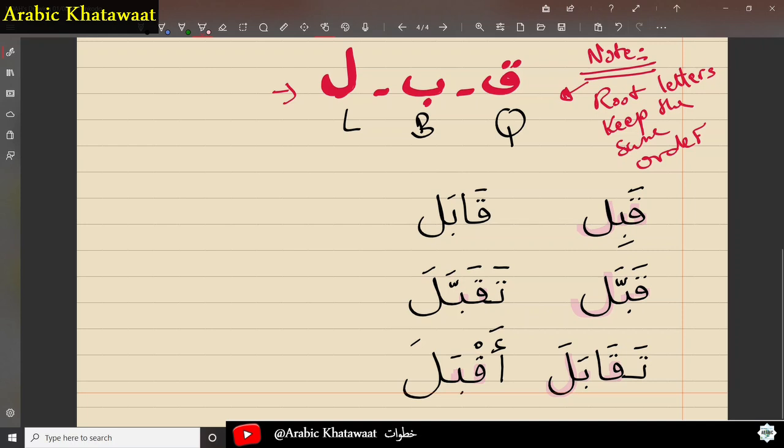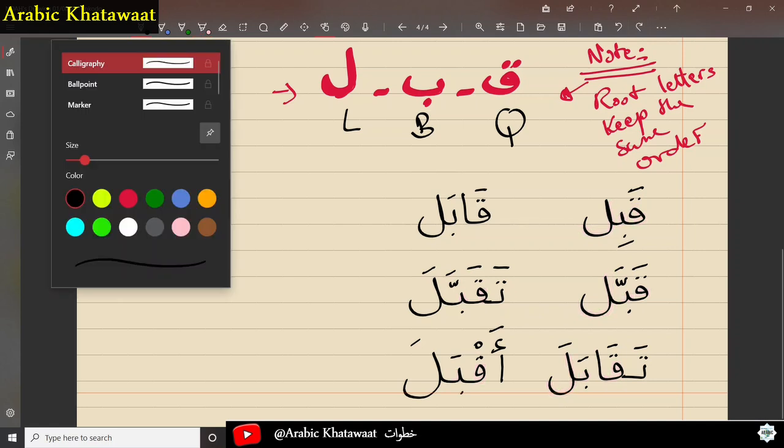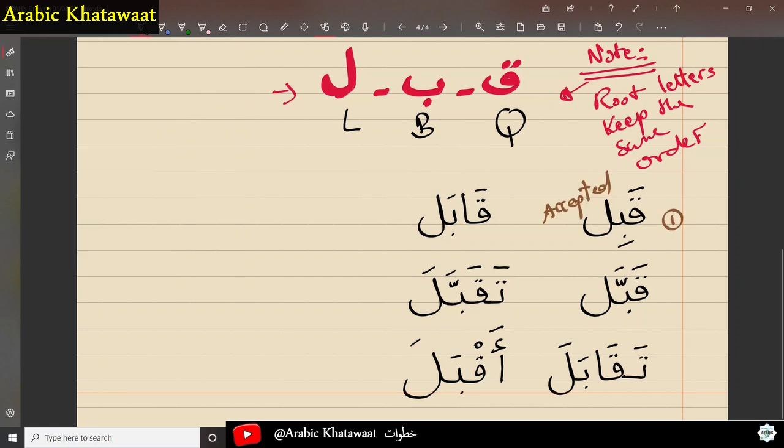So here is the translation. And then we'll put the patterns, that way we can see. The one, قبل, accept. So he accepted. قبل العرض. He accepted the deal or the offer.